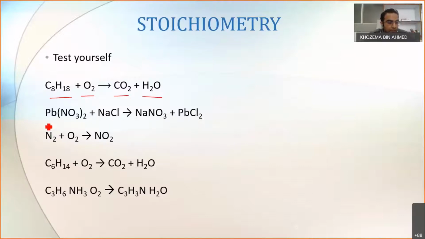This is lead nitrate plus NaCl, your sodium chloride, will get you sodium nitrate and lead chloride. Okay, this is nitrogen plus oxygen will get you nitrogen dioxide. This is again a combustion reaction, and this is also a combustion reaction, but you should have a plus here. Okay, so please go back and try to solve on your own, and hopefully you'll be able to balance the equation. This equation might be balanced or might not be balanced. It's up to you to decide, and if it's not balanced, balance the equation.